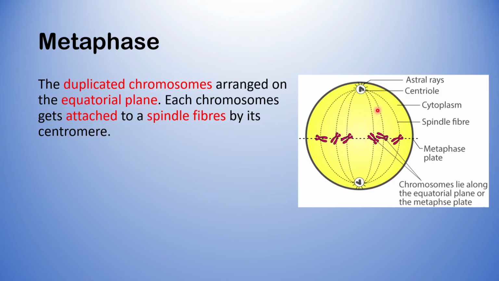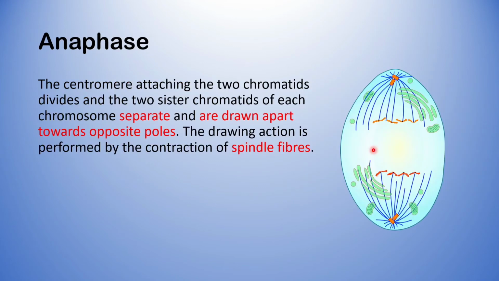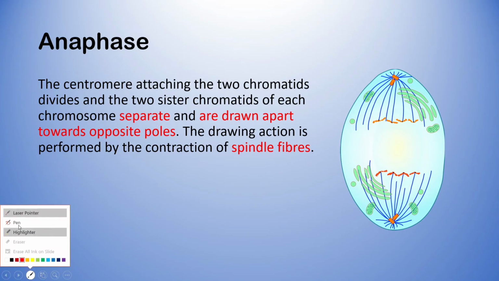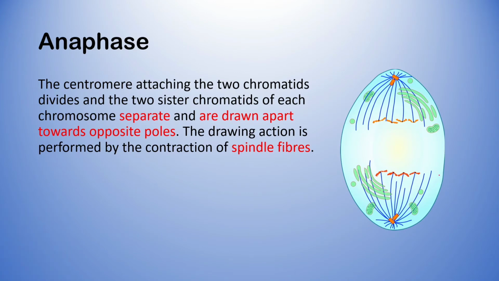Every spindle fiber from the two daughter centrioles is attached to each chromosome at the centromere, and now the two sister chromatids split off from the equatorial plane. They are pulled towards the opposite poles. Let me show you. It pulls to the opposite poles like this, and this one pulls like this.